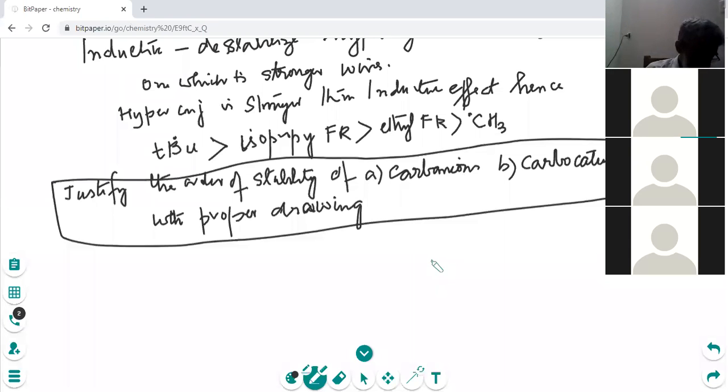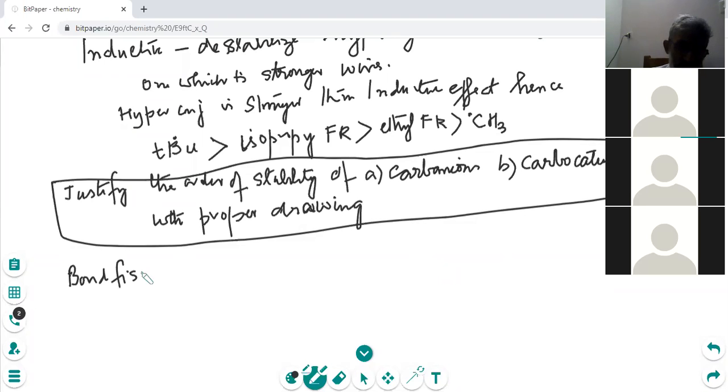Now, what are the things we have discussed so far? In very short form, we have discussed the type of reaction, that is bond fissions. This far we have come.